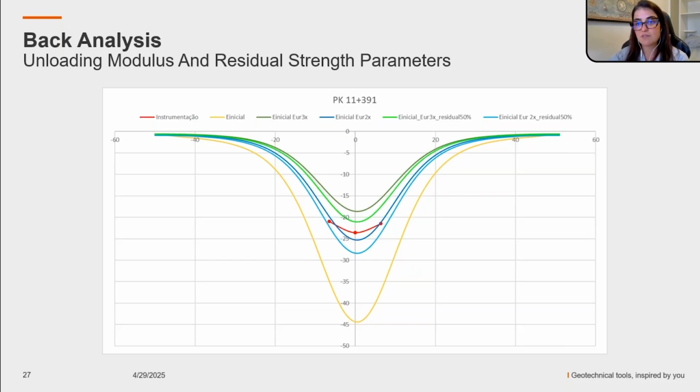And as we adjust the values of unloading modulus and residual cohesion based on lab tests and reference values, we can achieve a much more realistic settlement curve that better matches our monitored data. These parameters can be easily implemented in RS2 software in the material properties menu. And I'm going to open RS2 and walk you through how to implement these changes in the software.